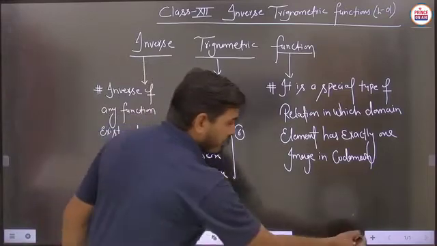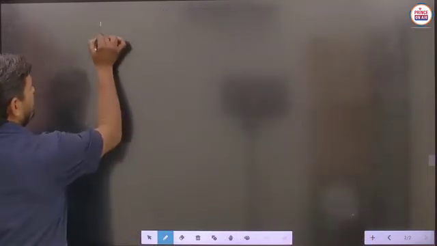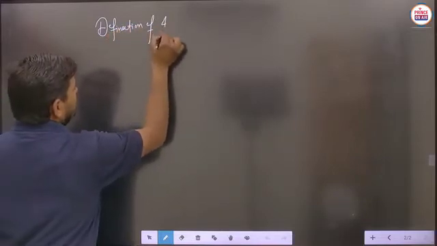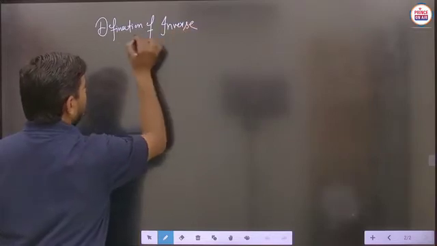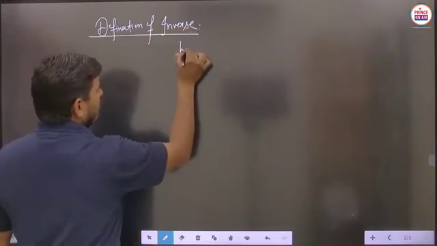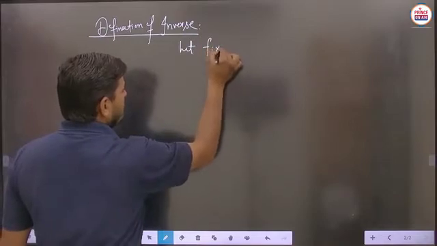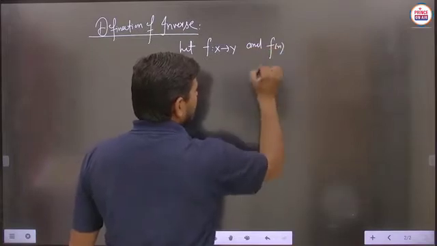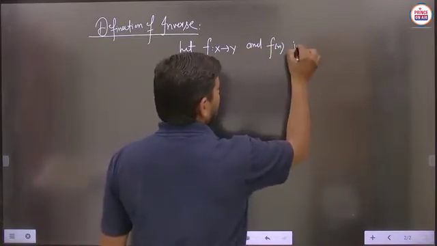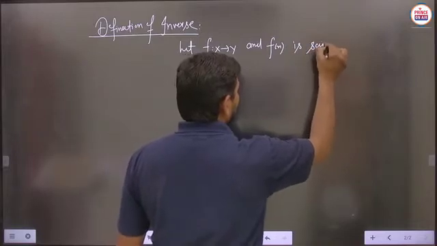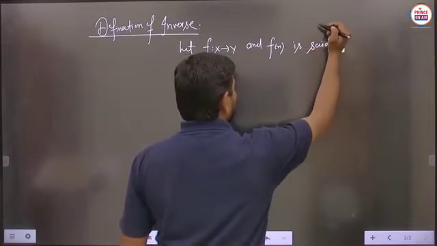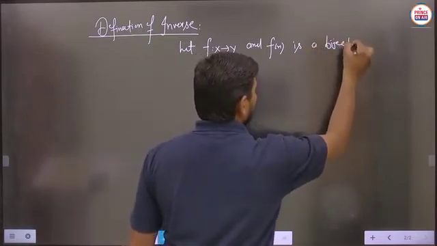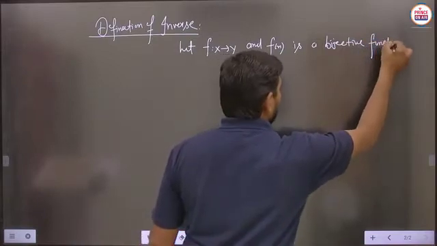Next part, students, is the definition of inverse. In the definition of any inverse function, what we are saying is: let f be any function defined from x to y, and f(x) is a bijective function.